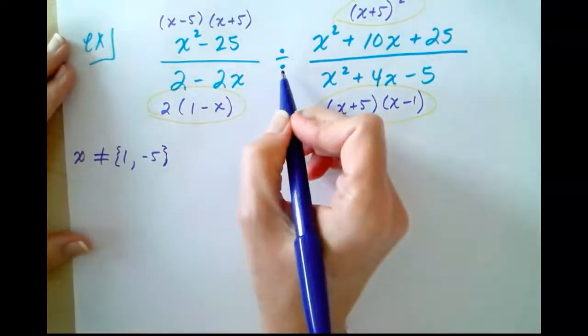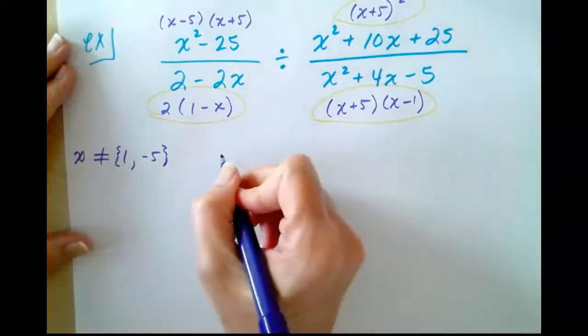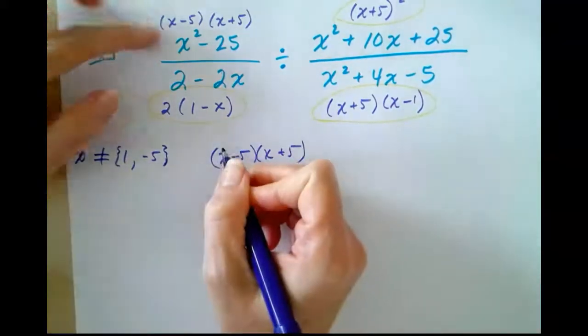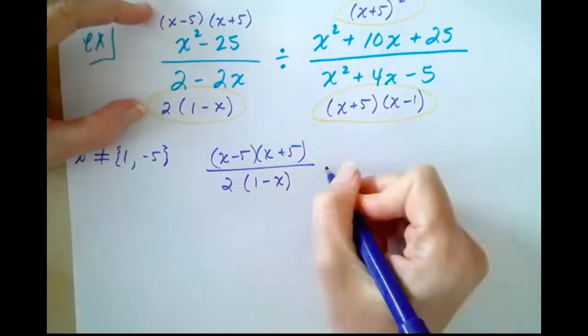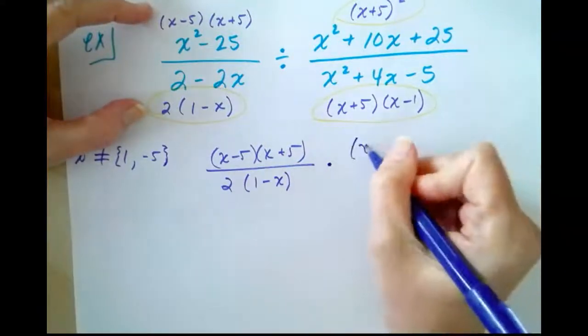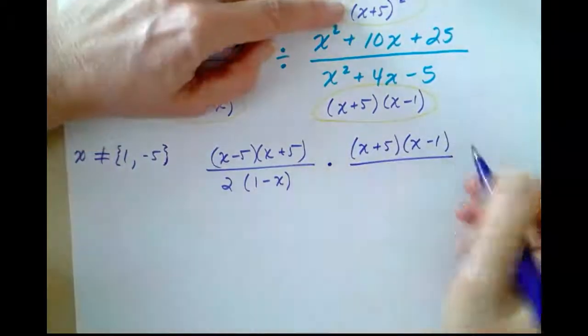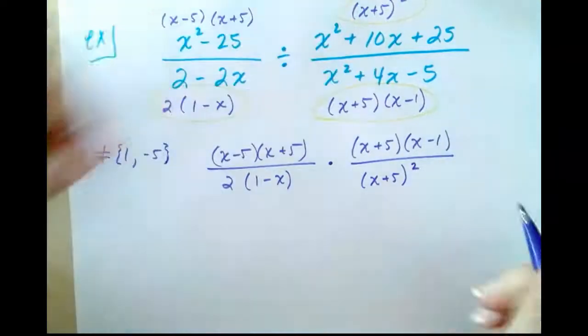So now let's change this division to be multiplication by the reciprocal. So x minus 5 times x plus 5, I'm just recopying these factors, over 2 times 1 minus x, times x plus 5 over x minus 1, over x plus 5 squared.